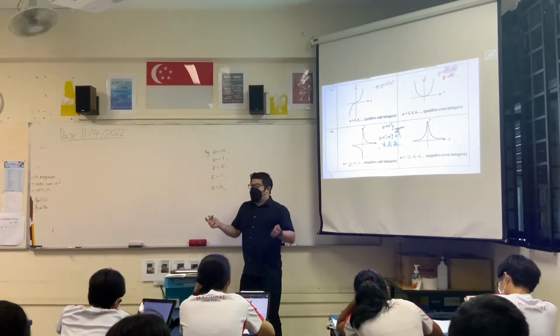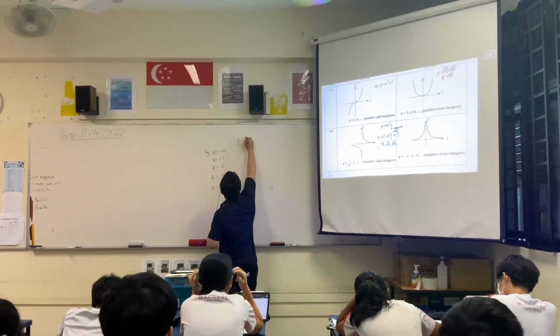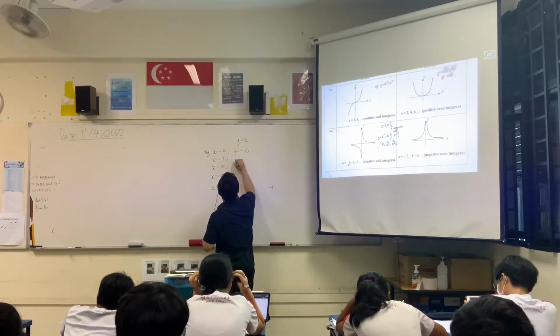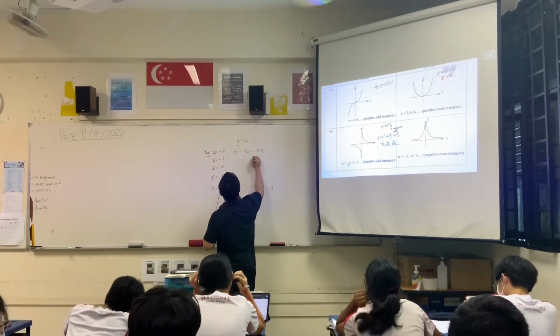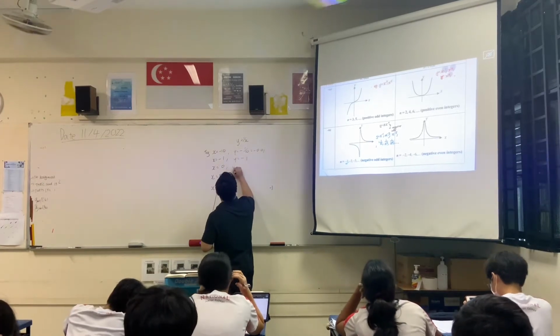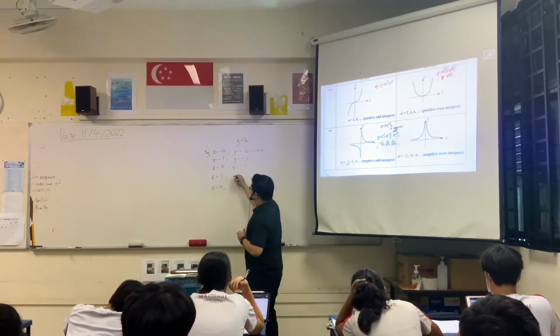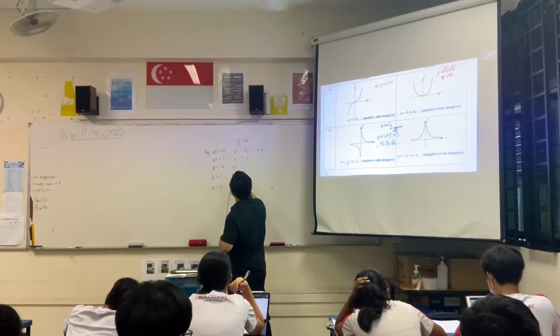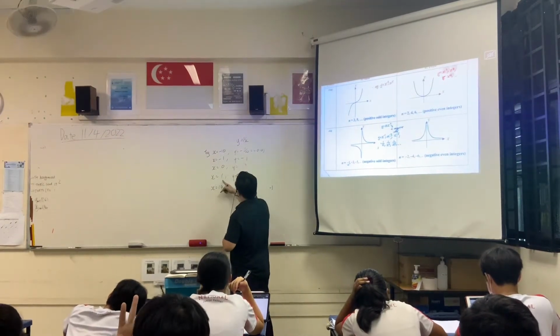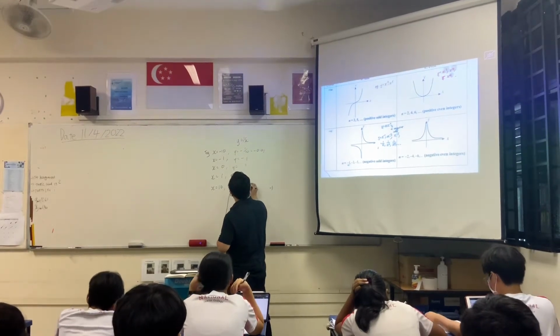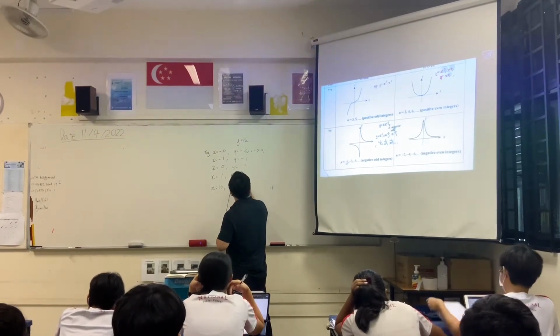Just try a sketch. If you know y equals 1 over x, then for x equals negative 10, y will be negative 1 over 10, negative 0.05. For x equals negative 1, y will be negative 1. For x equals 0, y will be undefined, cannot divide by 0, right? For x equals 1, y will be 1, and for x equals 10, y will be 1 over 10.